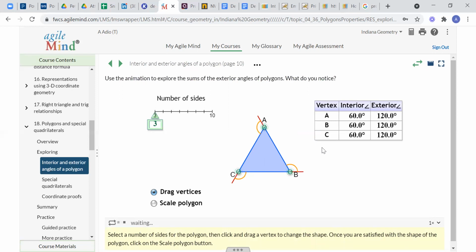We said interior and exterior add up to 180. x plus 60 equals 180. Since each interior angle is 60, the exterior has to be 120, because 120 plus 60 is 180. So that's why each exterior angle here is 120. Okay. So when you add these two numbers, it adds up to 180 each time.